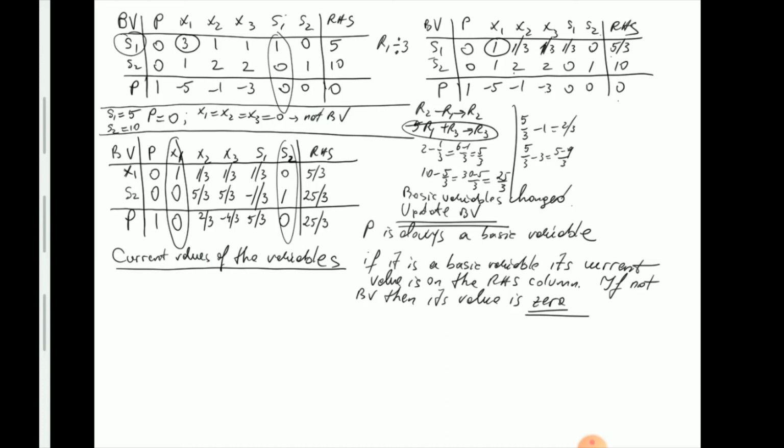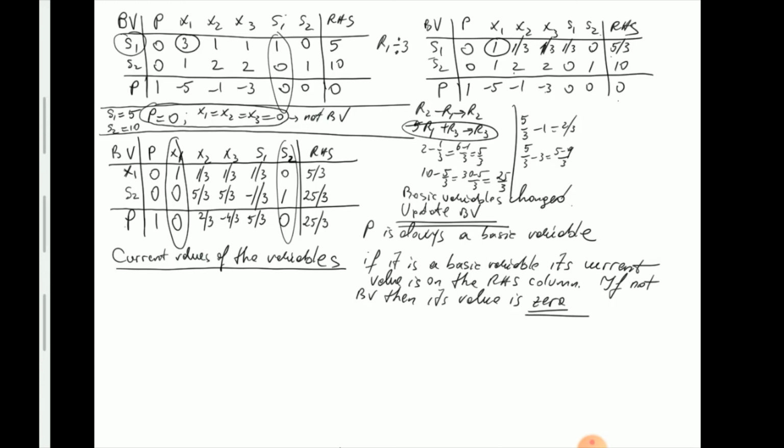So notice that the current value of P and the current values of X1, X2, X3 should be in agreement because they come from the objective function. So if you plug this into the objective function, it should be in agreement, right? The objective function in this problem was, I think, 5x1 plus x2 plus 3x3, right?